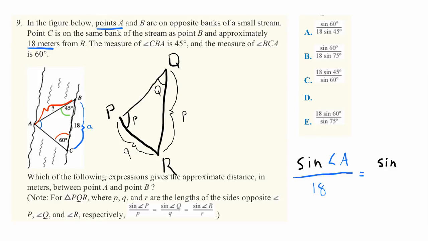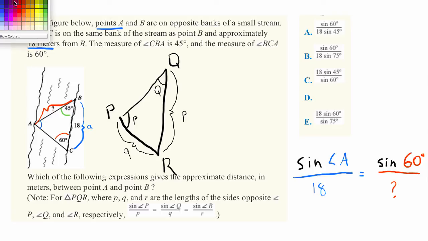So for another angle, let's go ahead and pick angle C here. So the sine of angle C is 60 degrees, divided by the length across from it, which we actually don't know. This is what we're trying to figure out. So this would be really cool if we can just figure out what angle A is here. Then we only have one unknown left, and we should be able to solve for it.